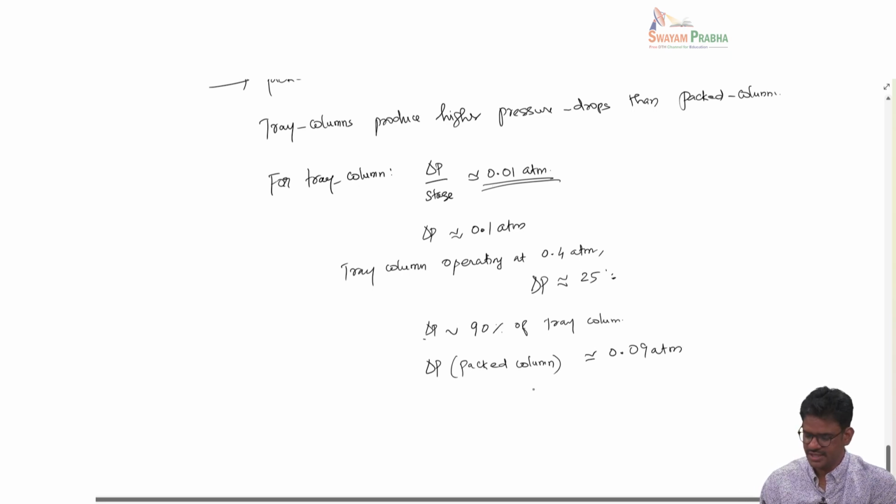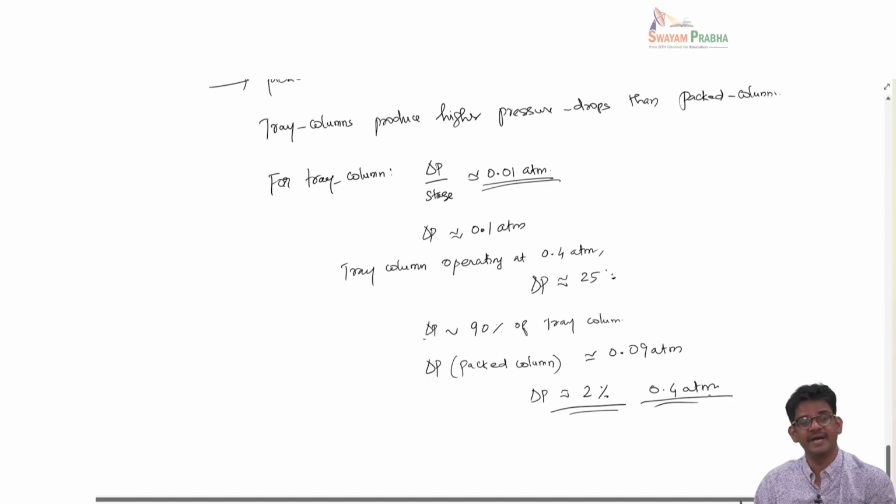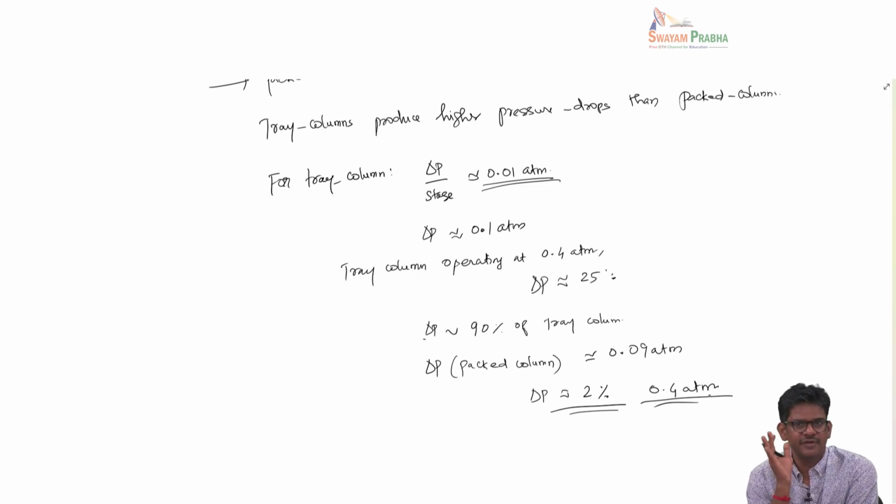Okay, so in this case you see this delta P is only about 2% of the total pressure. If I do a vacuum distillation at 0.4 atmosphere, the total delta P for the packed column will only be about 2 to 3%, which is acceptable in terms of the friction losses. So this very simple example tells you why packed columns are more suitable candidates for doing vacuum distillation.